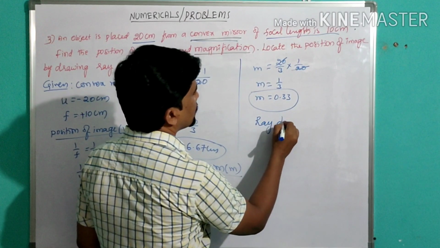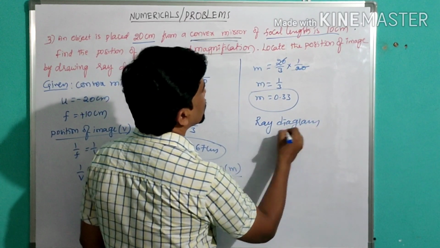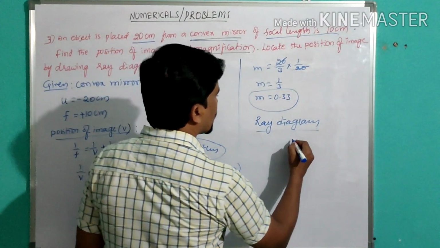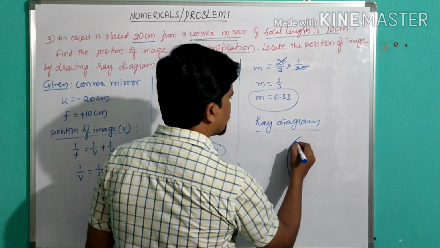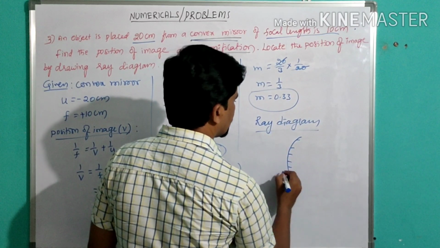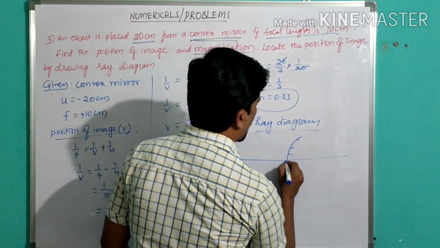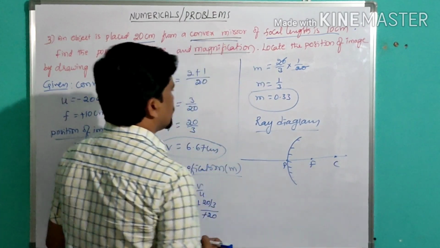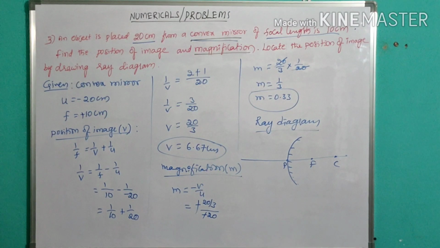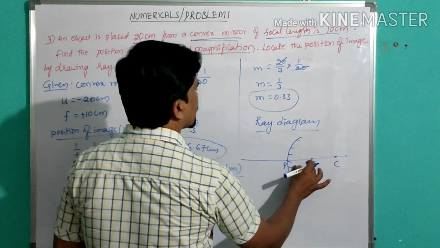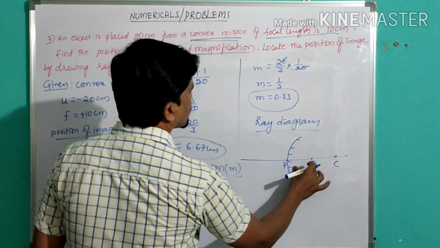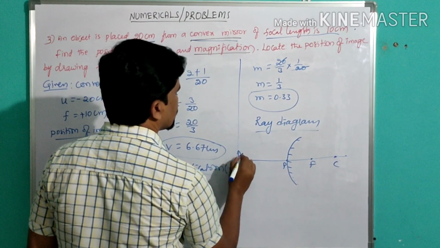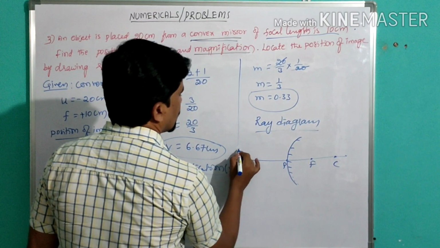Ray diagram, which means we have to show the image formation by a ray diagram. It's a convex mirror. Focal length 10 centimeters, so radius is 20 centimeters, 10 plus 10, approximately here. First rule.